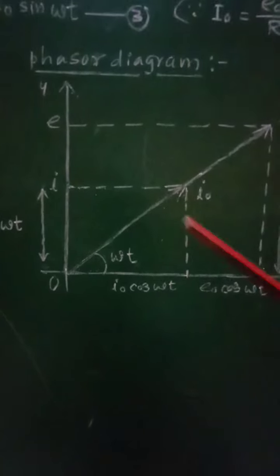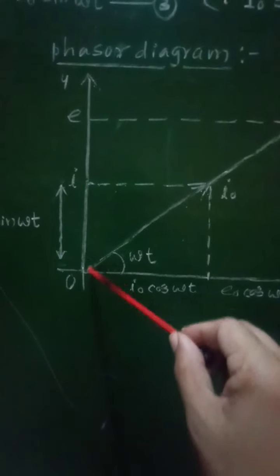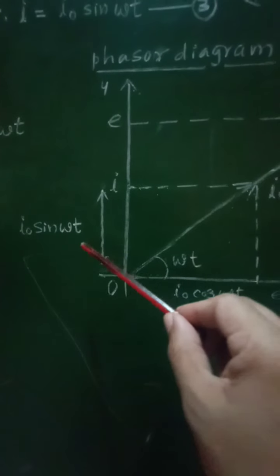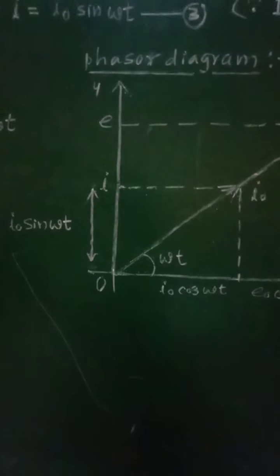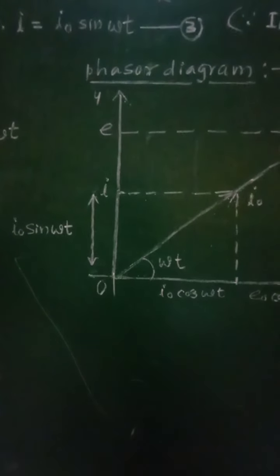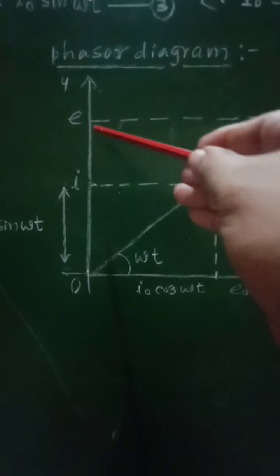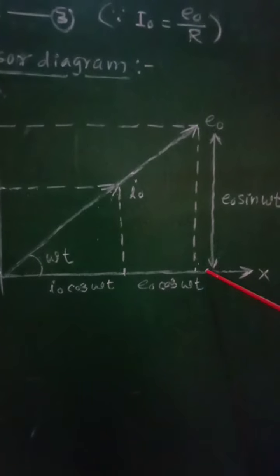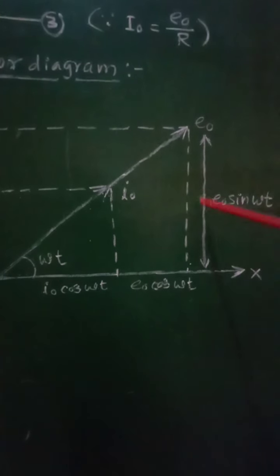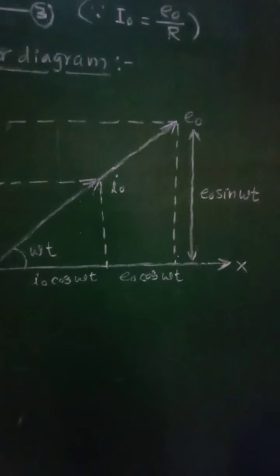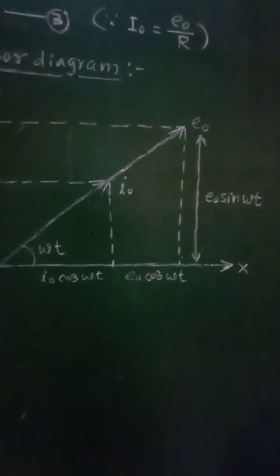The portion from O to I represents I0 sin omega t, the instantaneous value of current in sine form. Similarly, from O to E represents E0 sin omega t, the instantaneous value of EMF in sine form.